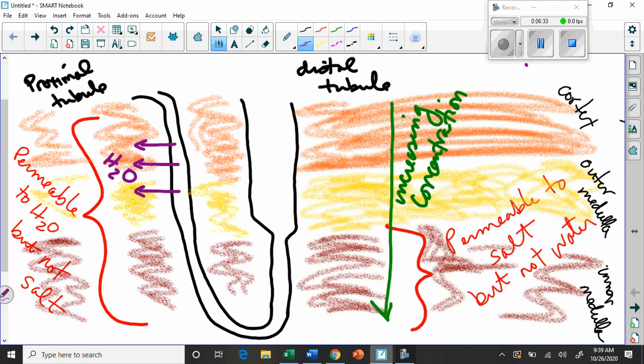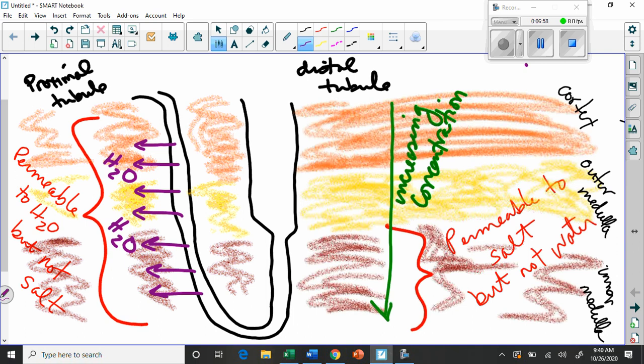So that means that even though we're pulling water out, as you go down the loop, you can keep pulling water out because the urine or the filtrate in the tube is still less concentrated than the surrounding tissue. So water is being pulled out all the way down this tube, and this is the reason why we need these three tissues to be slightly different concentrations, right?